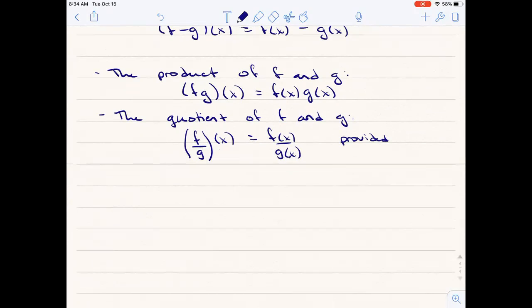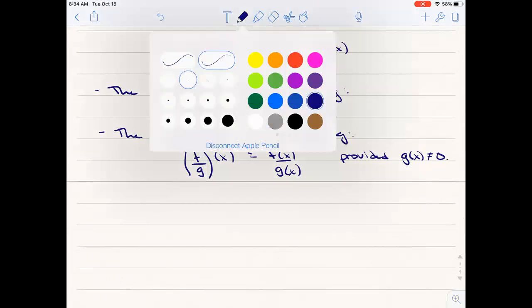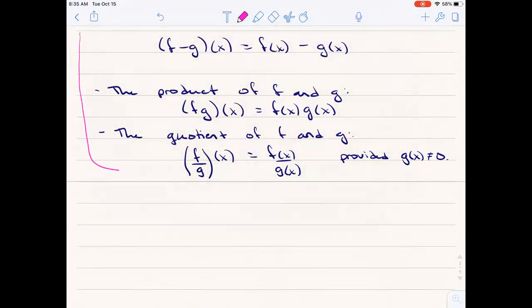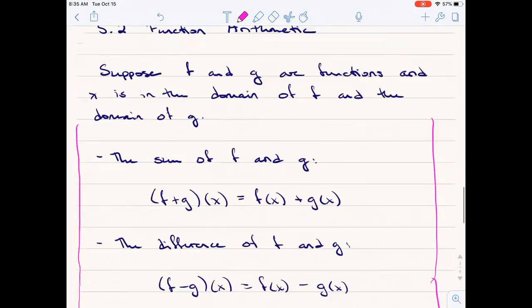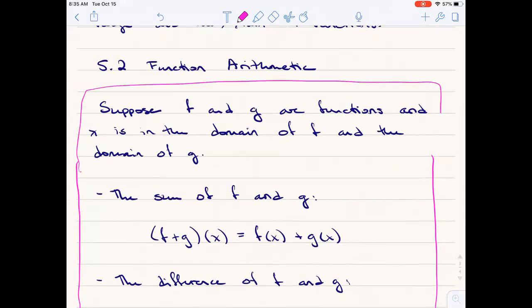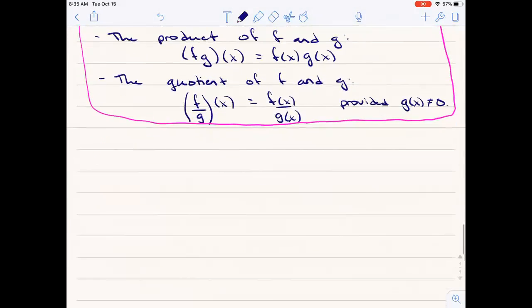That's illegal math. And so provided that g of x is not equal to 0. Okay. I guess I've been putting pink boxes around kind of definitions like this. So there she be.